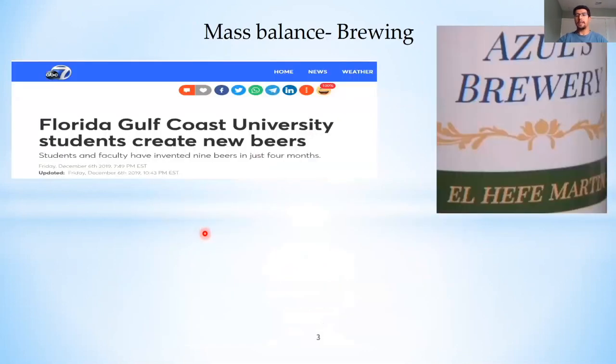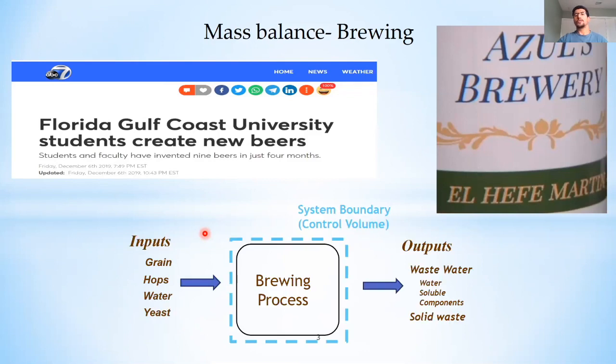The mass balance is actually applied in brewing, making beer. Here at Florida Gulf Coast University, the students make their own beer, and I hope you taste it. It's a really great taste of beer. It's amazing. But during this process, they do use the mass balance.